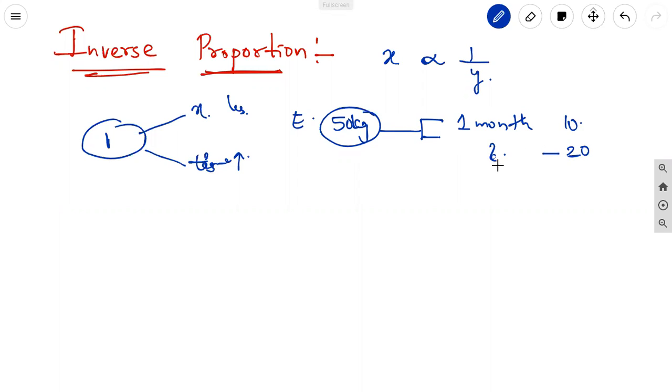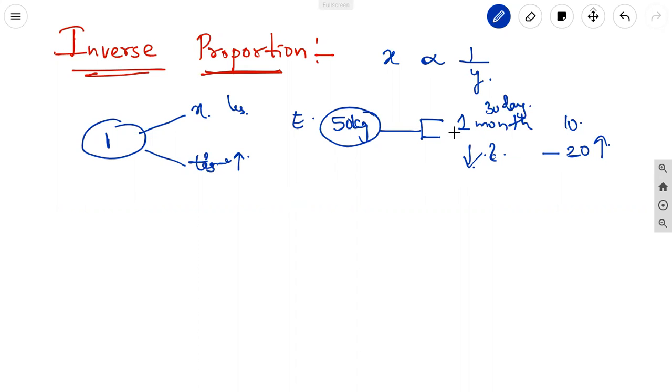How many days? 1 month means 30 days. For 20 persons, the days will decrease. If the members are increased, the days will decrease. This is inverse proportion.